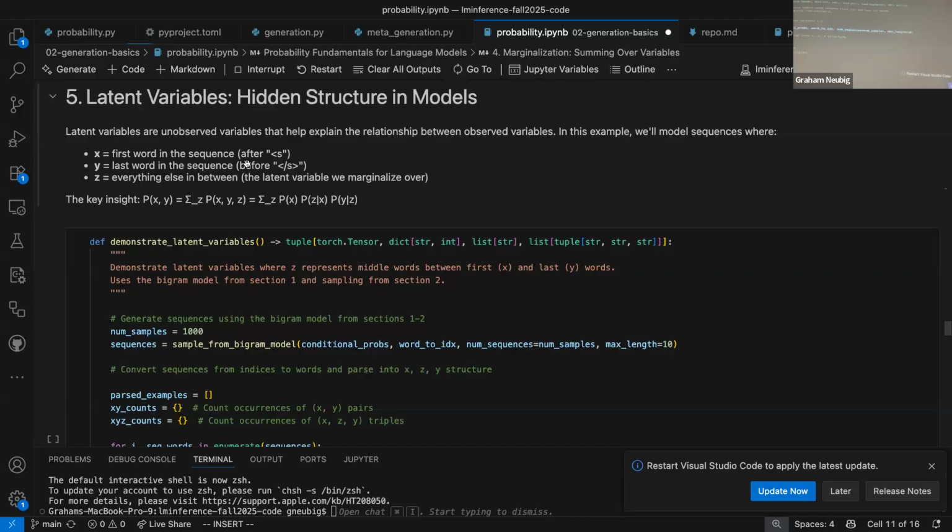And what that means is you sample the chain of thought, and then you sum over all of the samples that you got. And this gives you an estimate of P of y given X.